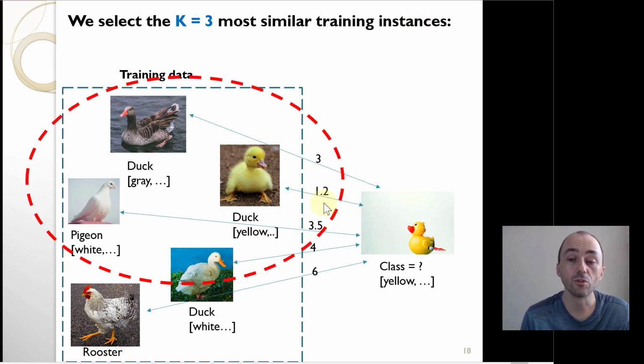So here, the 3 most similar is the pigeon, the duck, and the duck, because the values 3, 1.2, 3.5 are the smallest among all the values here. Again, I did not say how to calculate the values. Here we just suppose we have a distance function. I will show you more details after.